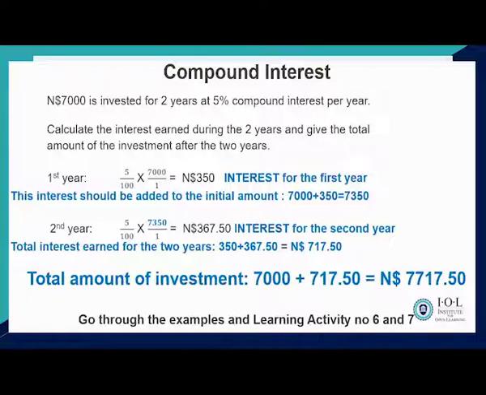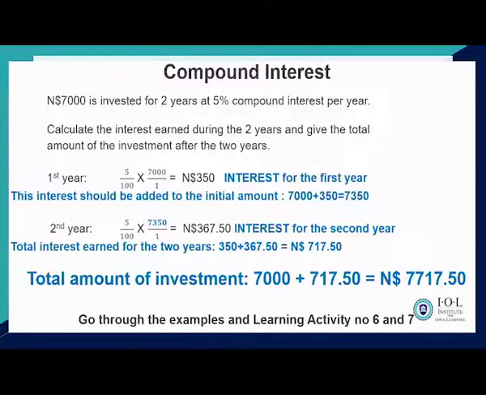So for the first year, 5% of the 7,000 gives you the 350. That 350 must be added to your 7,000. So now my capital amount, my principal amount is 7,350. I work out again the 5% and get the answer. Then I have to add that again if there's a third year and a fourth year.